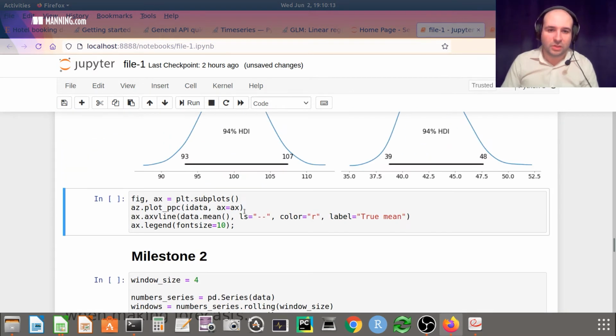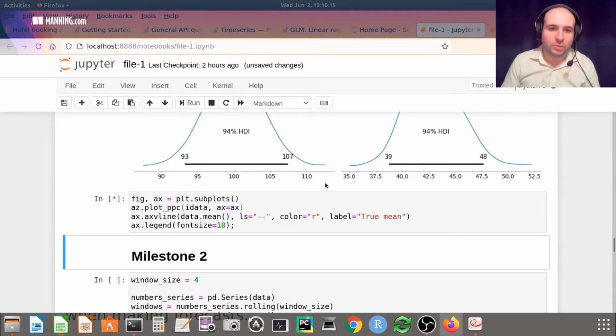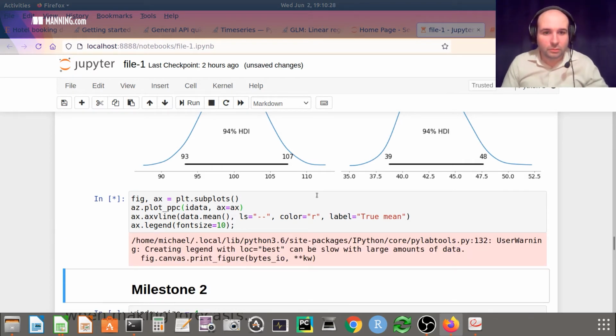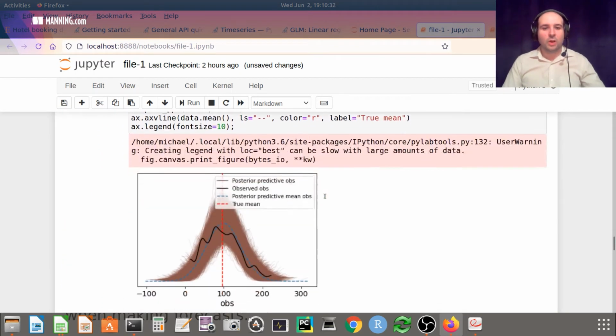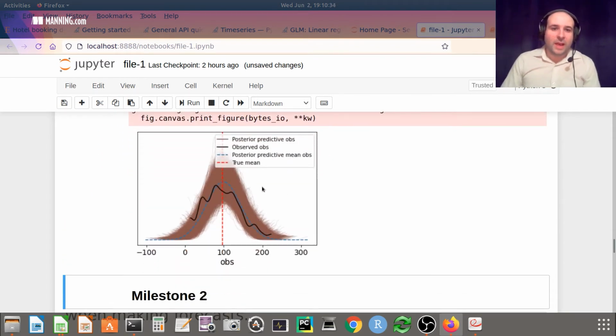There are several plots that will be generated, but what I want to show you in particular should be generating now. Okay, we have our posterior predictive observations, and we have the true mean as indicated by the red line, and then we have the black line, which is the observed observations.